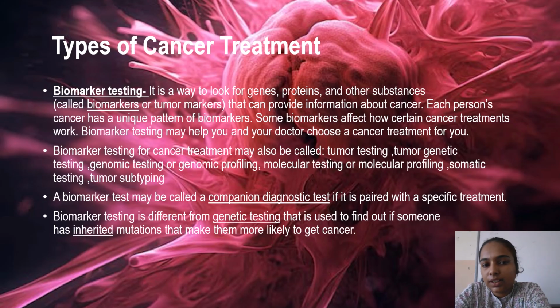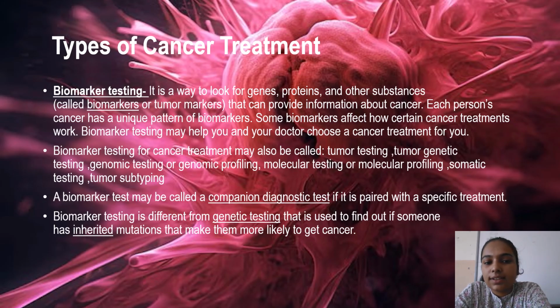Each person's cancer has a unique pattern of biomarkers, and some biomarkers affect how certain cancer treatments work. Biomarker testing may help you and your doctor choose a cancer treatment especially personalized for you.